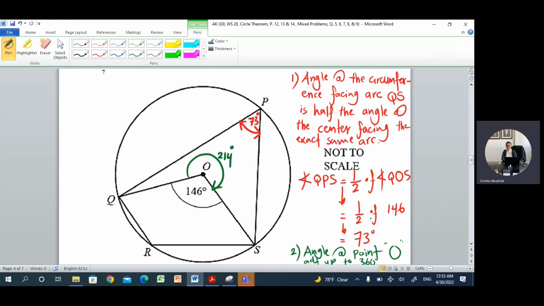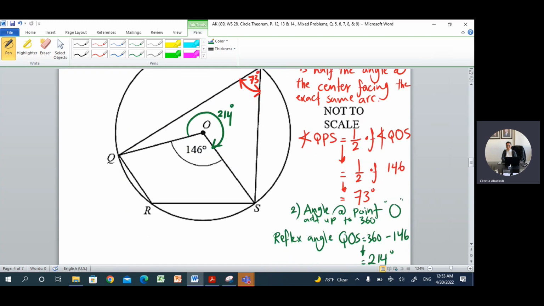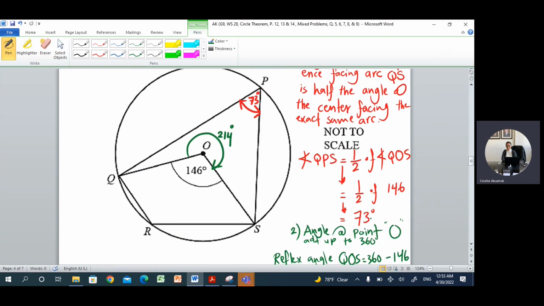Okay, next, what can we find? Okay. We can think of this cyclic quadrilateral Q, one side, QP. The second side is PS. Third side is SR. Fourth side is RQ.